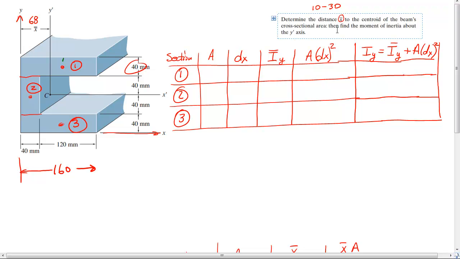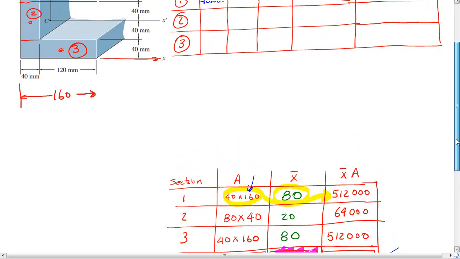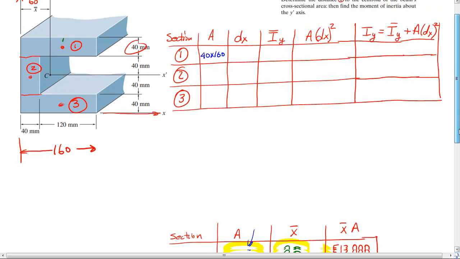Alright, so let's head off and take a look at this. Well, some of this was already filled out, but I'm going to keep doing it. This is your area here of section 1, your 40 by your 160. Now, that was before, but I could write the number in here. It's the same value that's right here. So part of this table is the same.